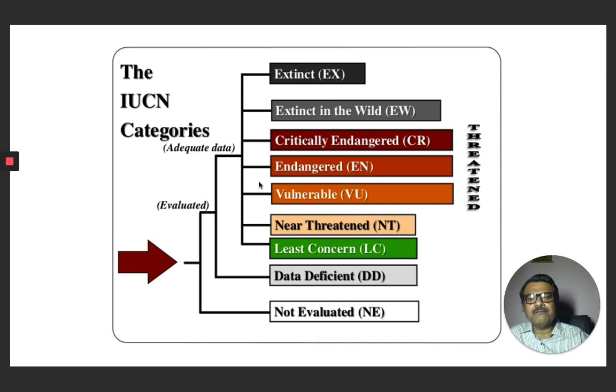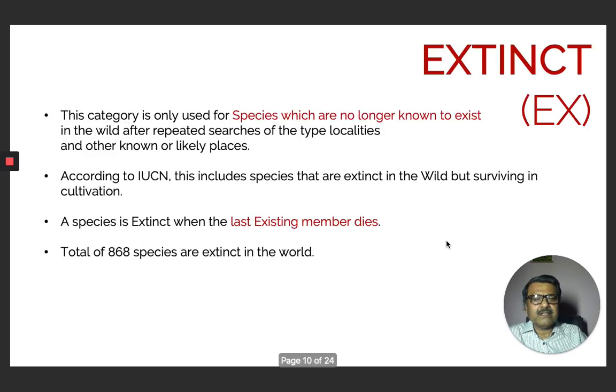They are extinct in the wild, critically endangered, vulnerable, near threatened and least concern. These 7 categories are based on the availability of adequate data. The other group, data deficient, means sufficient data is not available to classify the species into the above 7 groups. Let us go to the next slide.